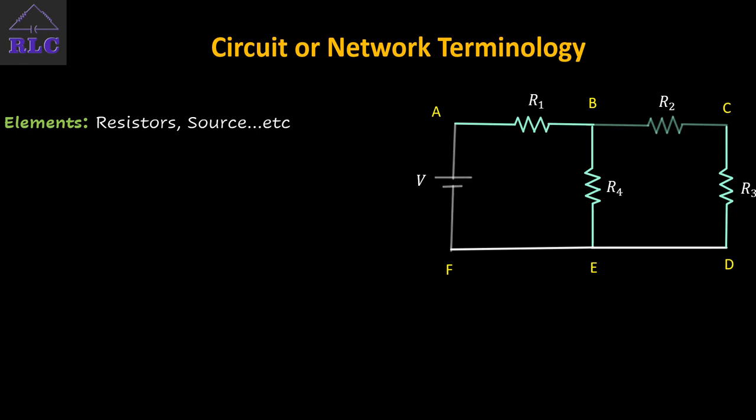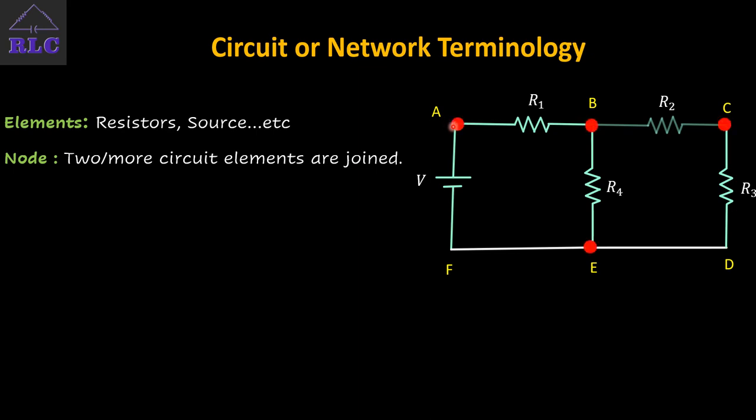Next is node. A node is where two or more circuit elements are joined. For example, I am taking point A, where V is a voltage source, one element, and R1 is another element. There are two elements connected to a common point called A. So A is a node.